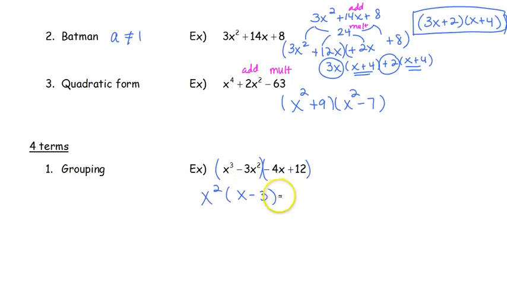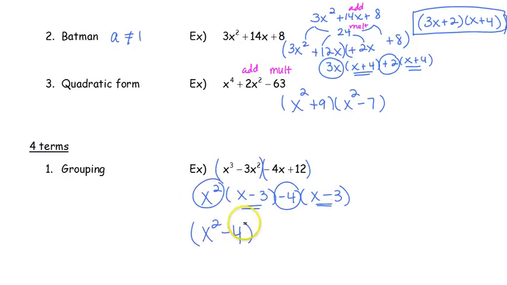Here they share a negative 4. We always want that x term to be positive. 12 divided by a negative 4 gives us negative 3. Those are the same, that's what we need. We take the GCFs to give us x squared minus 4 and x minus 3.